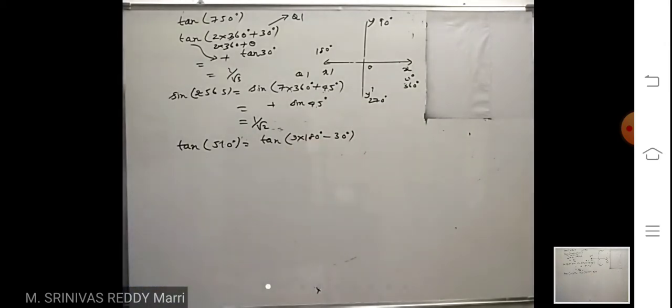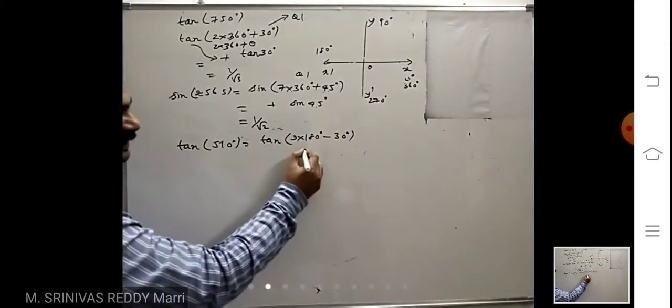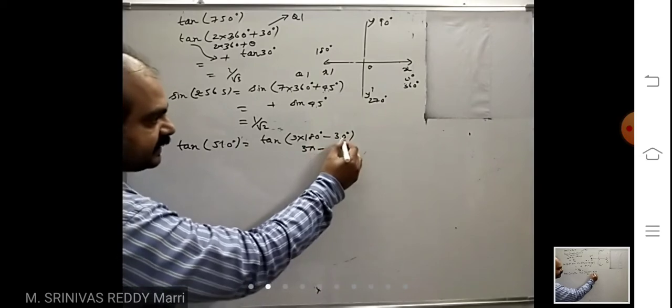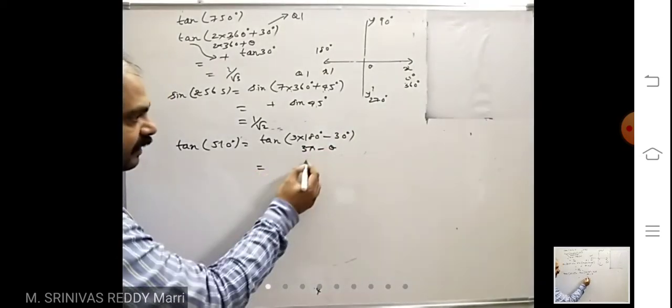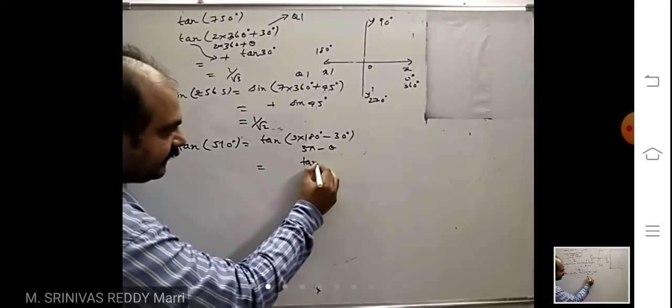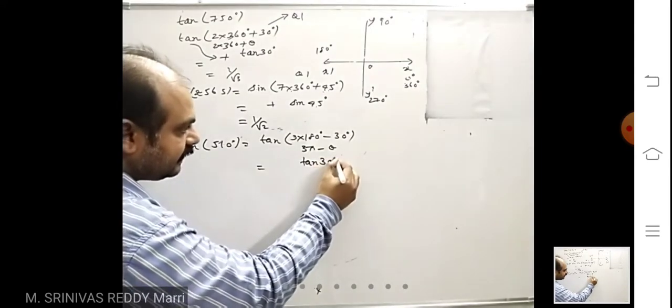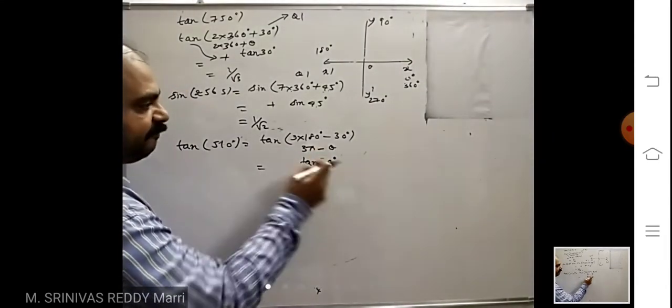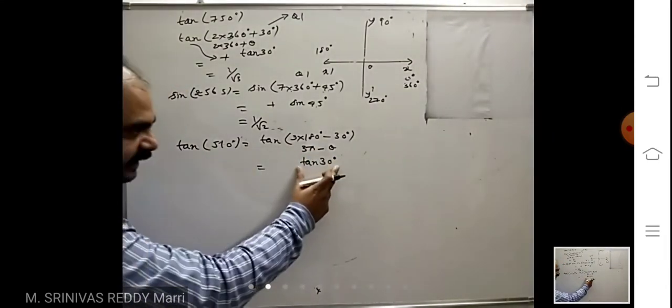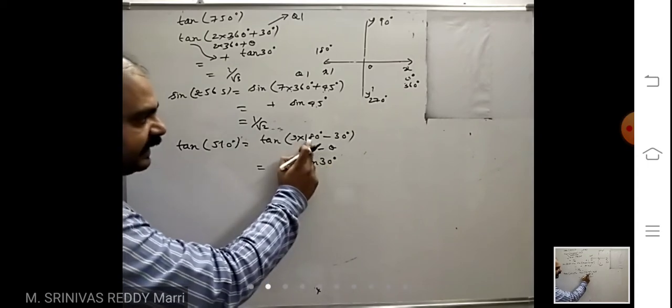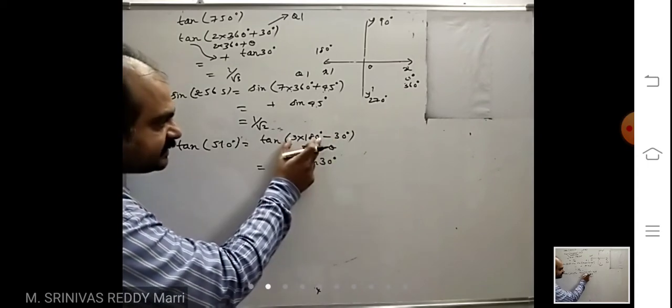So this is 3 pi minus theta. You first write tan theta. Tan theta is what? 30 degree. Don't write tan of minus 30. You write tan 30.